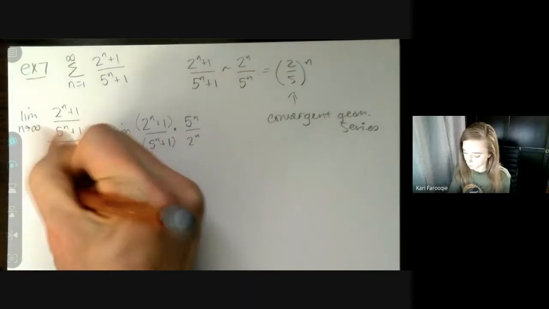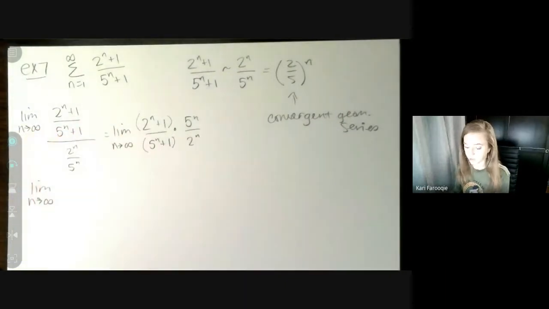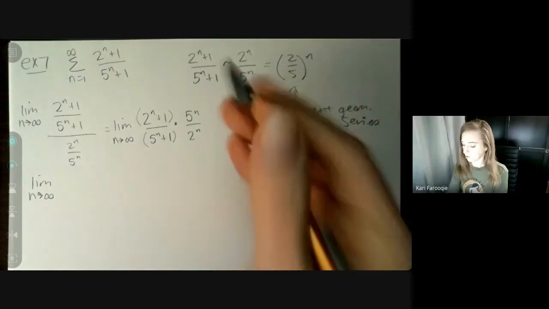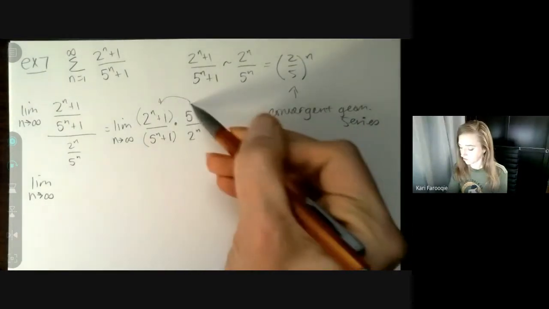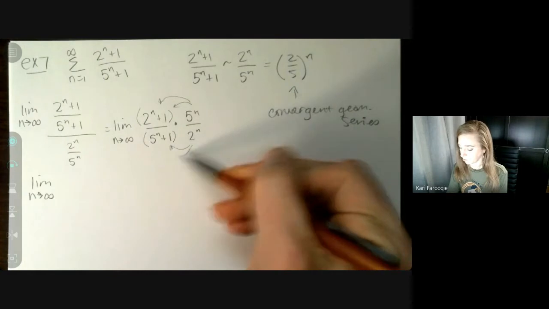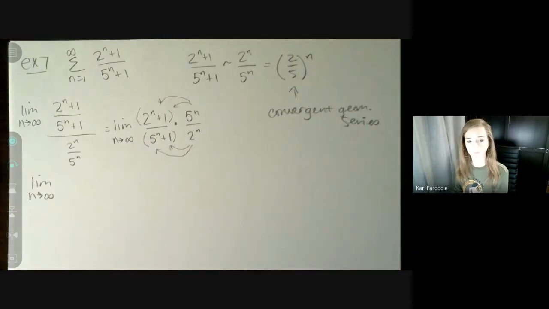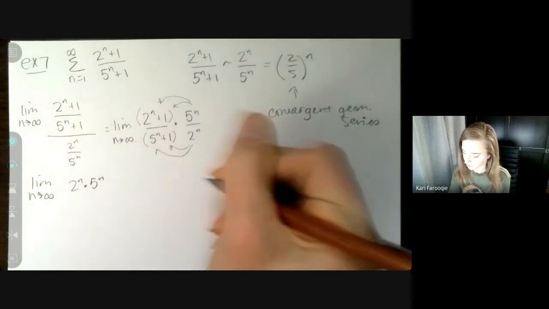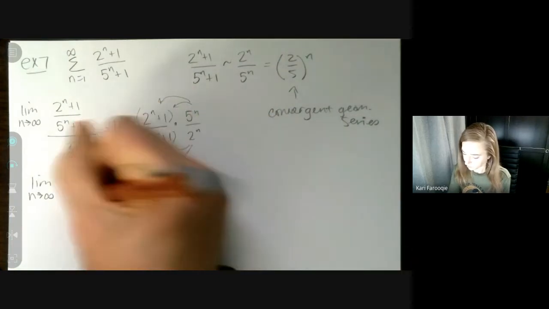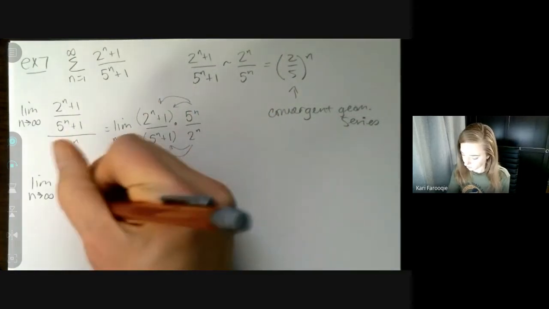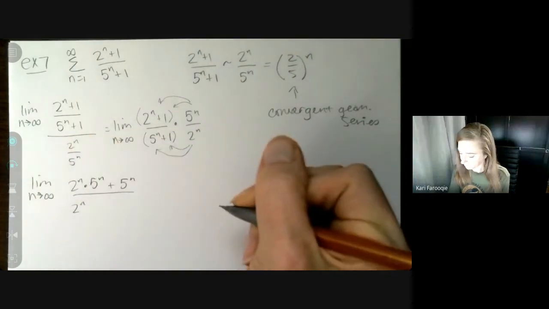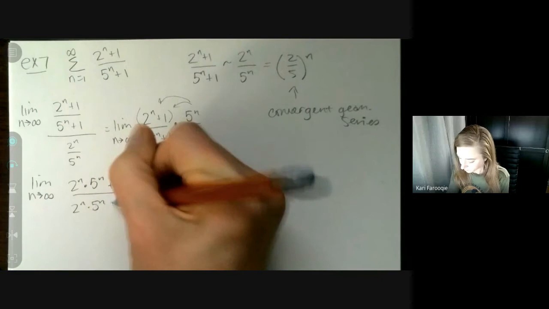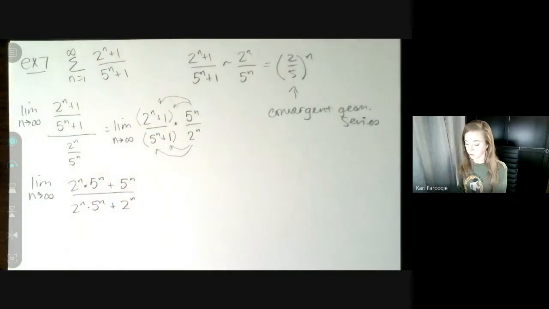So what we can do is use a little more algebra and distribute these quantities into the parentheses on the left. So I can say that this is 2 to the n times 5 to the n plus 5 to the n divided by 2 to the n times 5 to the n plus 2 to the n.